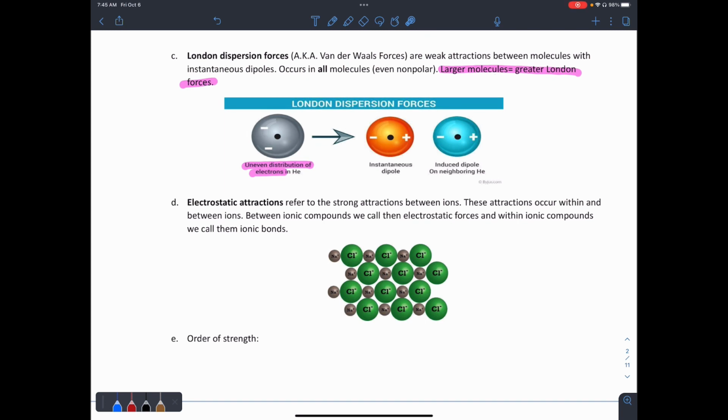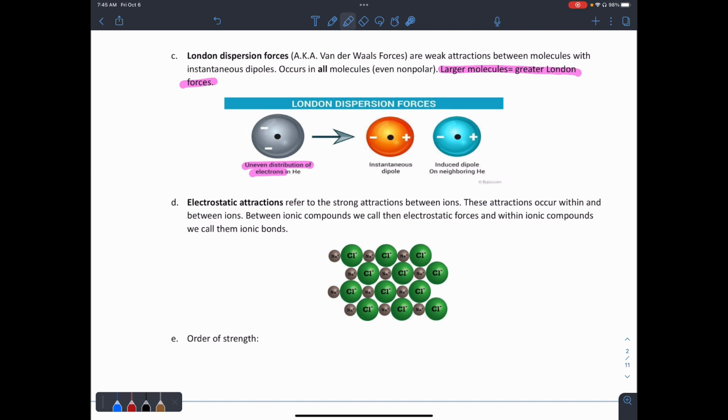The fourth and final intermolecular force is called electrostatic attractions. These refer to the very strong attractions between ions, and these occur within and between ions. So here's a little trick.